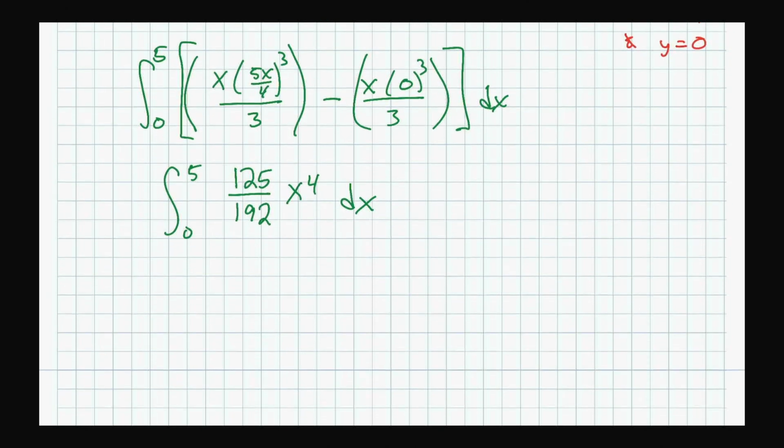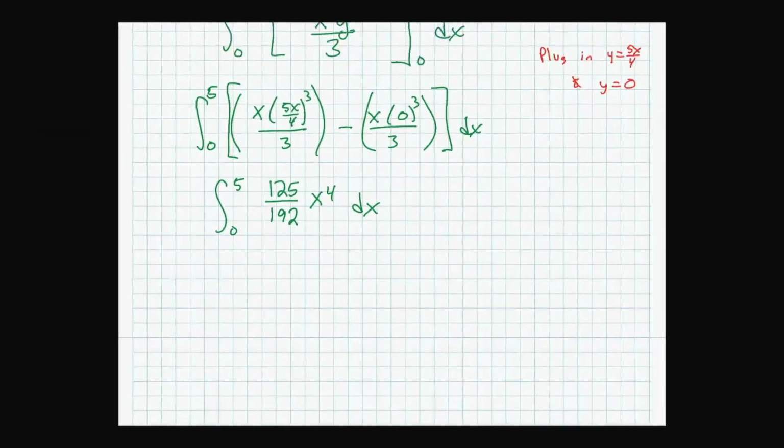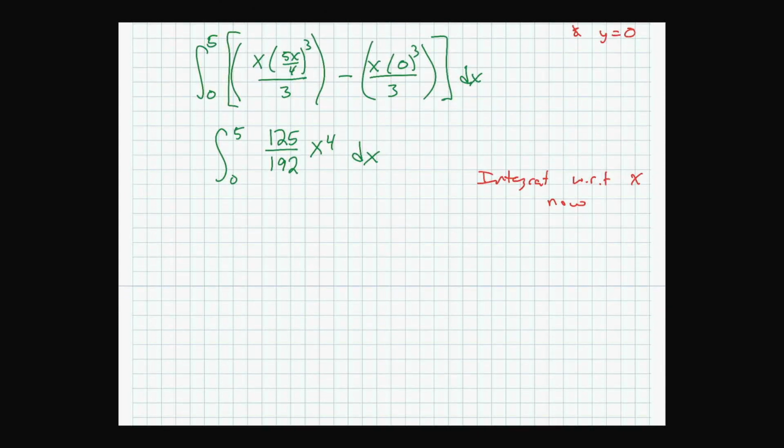So we did our first integral. Now that we simplified it, we're going to take our integral with respect to x. So now we do our second integral once the first one is complete. The antiderivative is going to be x to the 5 over 5, and we're going from 0 to 5.